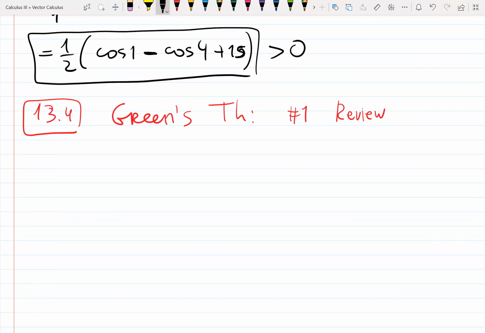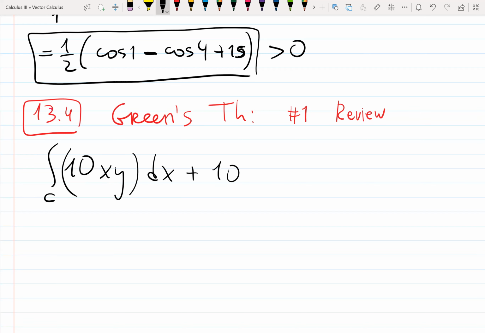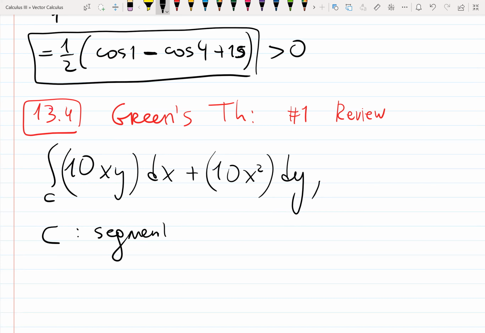So the integral over C of 10xy dx plus 10x squared dy, where C consists of the line segment from -3, 0 to 3, 0, and the top half of the circle.